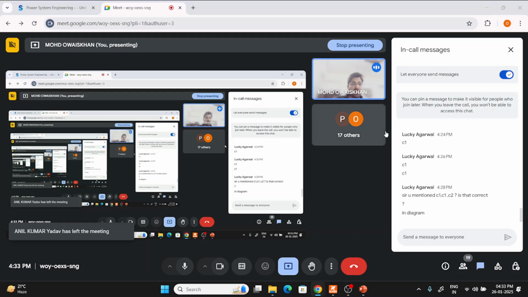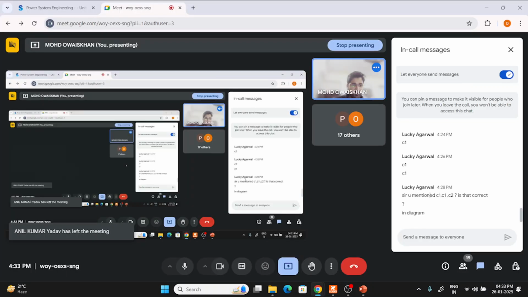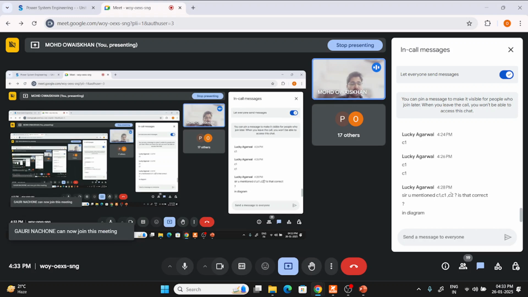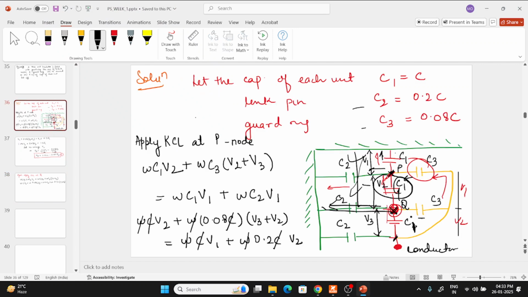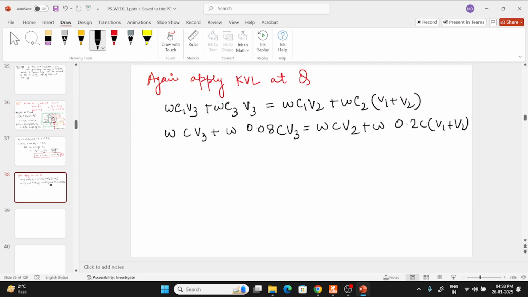No, no, no. Actually, that is C1, C1, C1. It's not C2. I mistakenly wrote it over there. Okay, I think I have corrected it here. This is C1. So omega C cancels out, and we get V3 plus 0.08 V3.